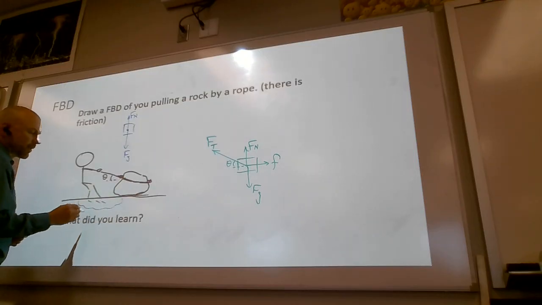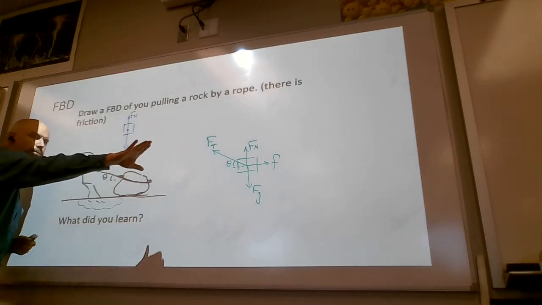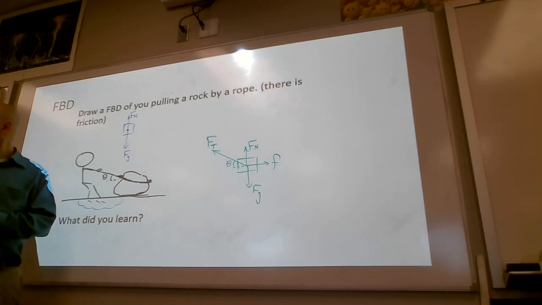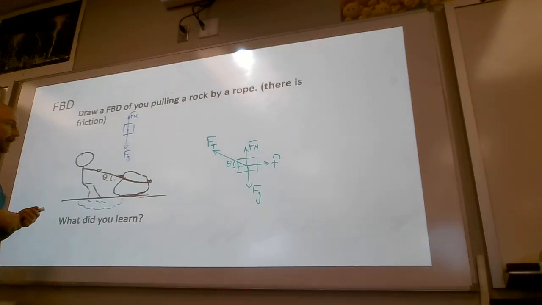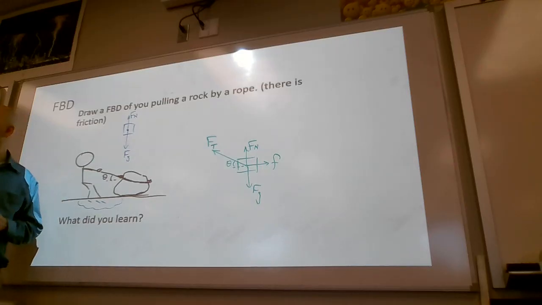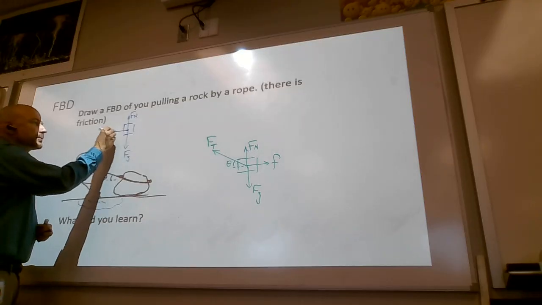If you're on ice, what would happen? You would slip. Which way would your feet slip? Whoop! Are you trying to pull? That makes sense? Okay. So friction opposes that slipping or sliding and acts which way? To the left.